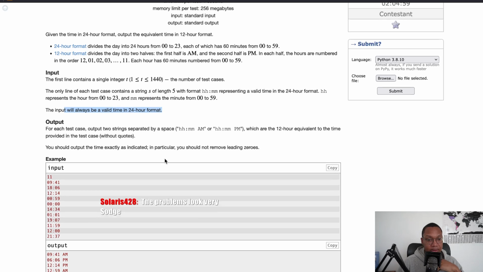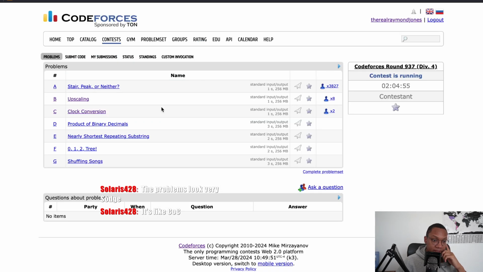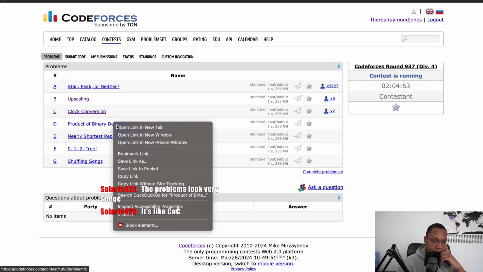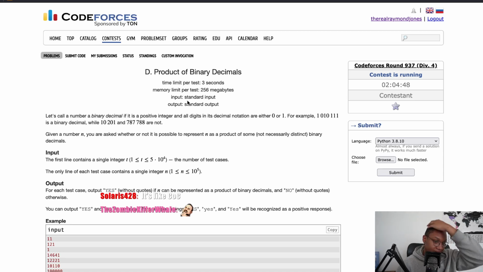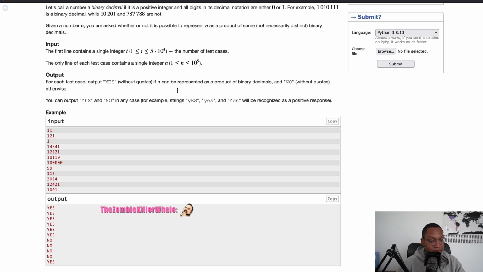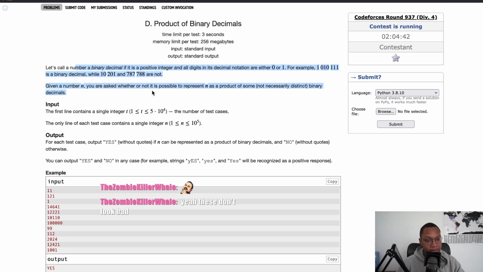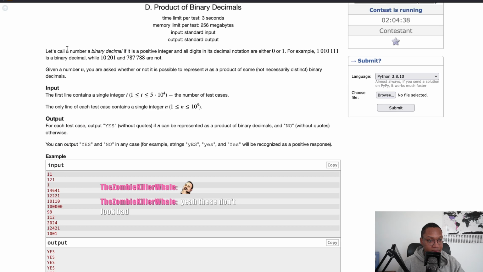It's like Cock, except Cock would have given you 20 paragraphs before it even told you this. It's not bad at all. These are all really easy, so I guess this is Division 4. And Pat should be able to do all of these.